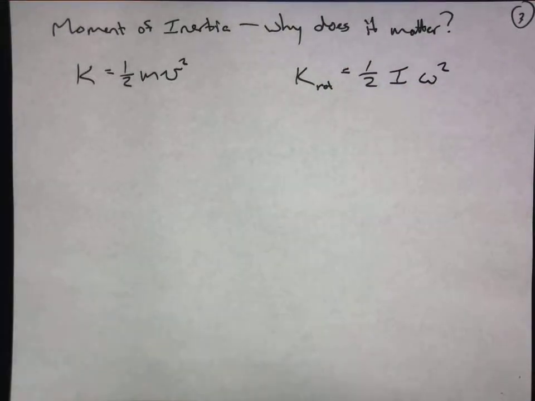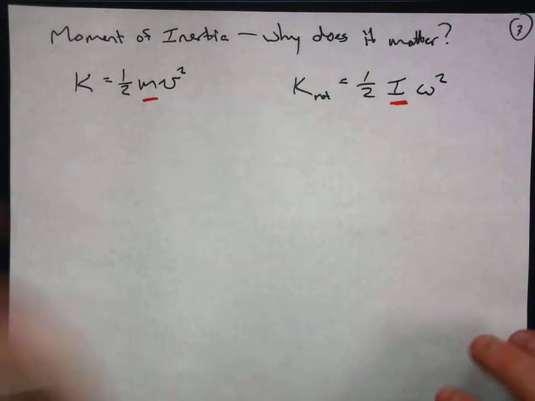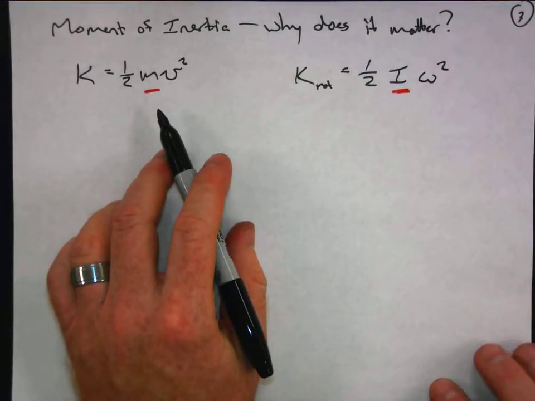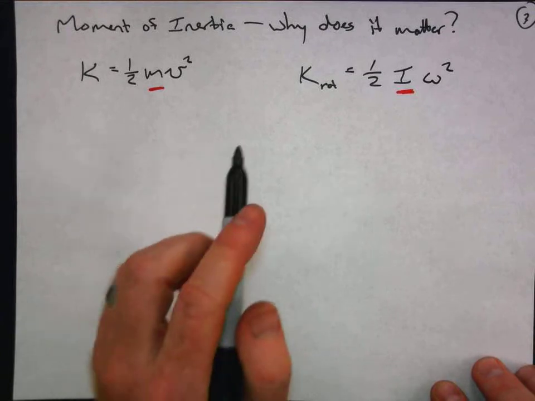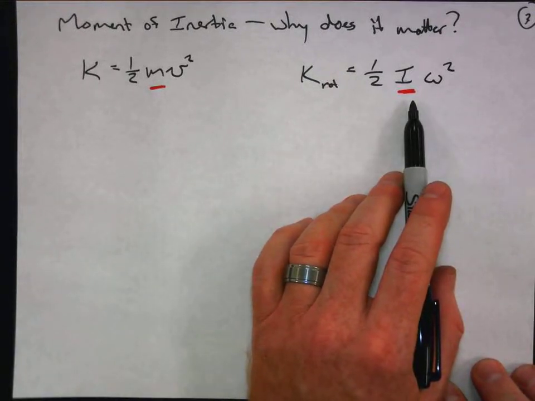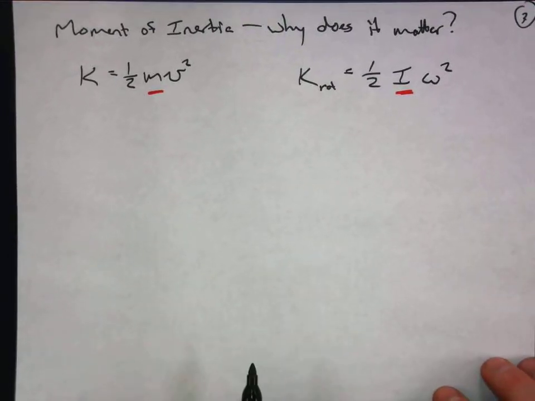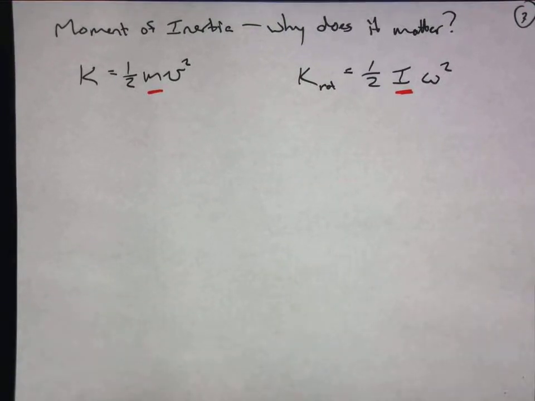Moment of inertia plays the same role that mass does in this relationship. The larger the moment of inertia, the harder it's going to be to change the angular velocity of an object. It resists those changes more.